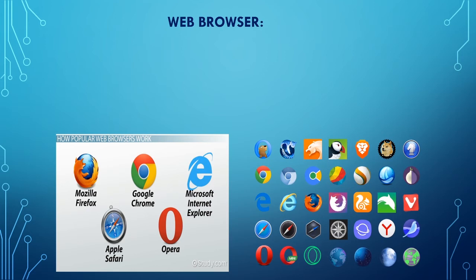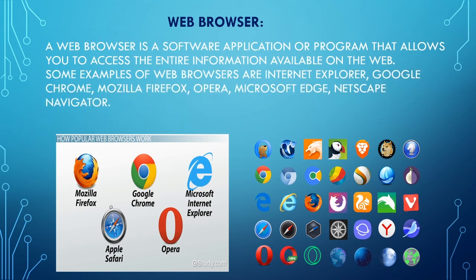You need to have any one of these if you want to access the web page. A web browser is a software application or program that allows you to access the entire information available on the web. It helps us to locate and display the web page.